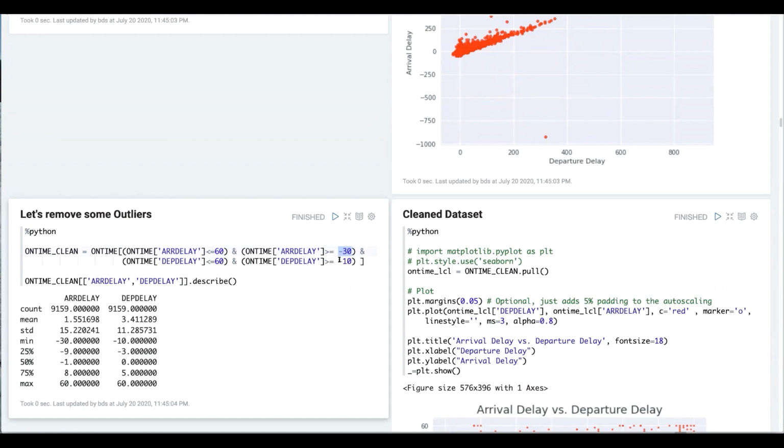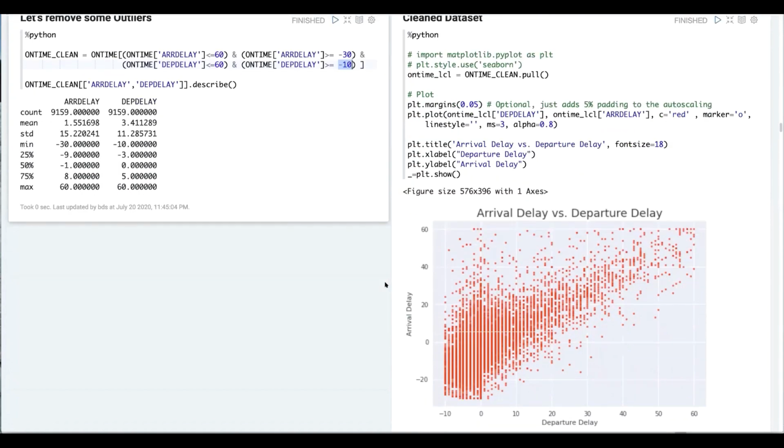And then departures that are at a maximum 10 minutes early, right? I don't think, again, that a flight leaving more than 10 minutes early makes a lot of sense, unless, of course, the flight is full, everyone is on board, so there's some advantage to just leaving the gate at that time.